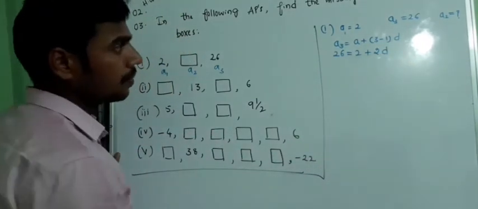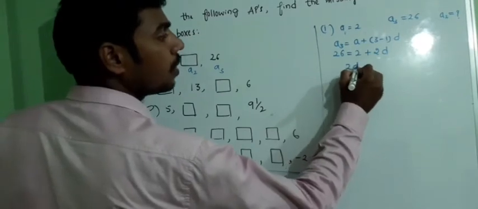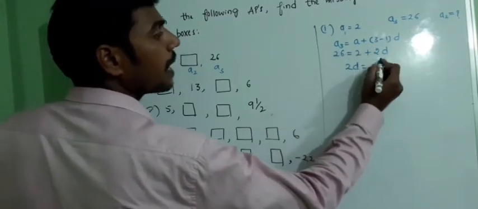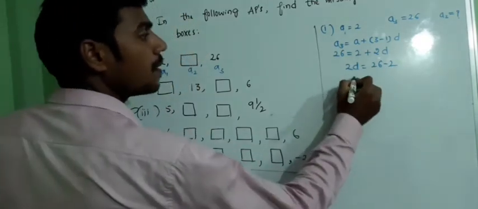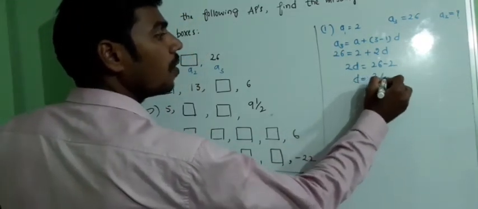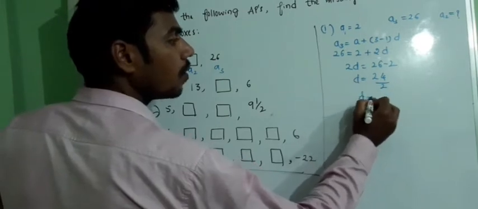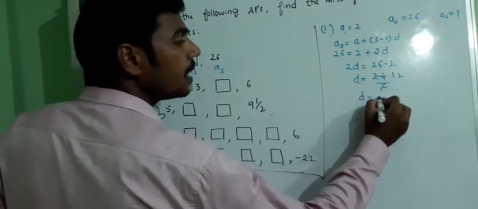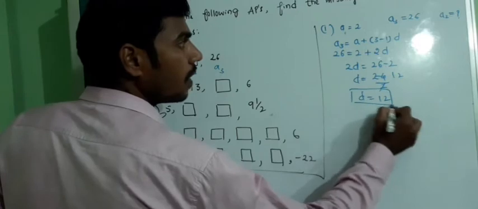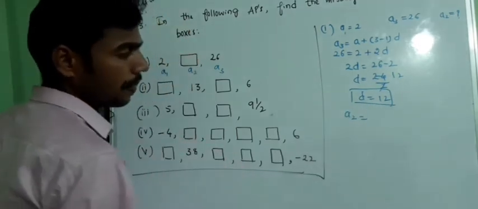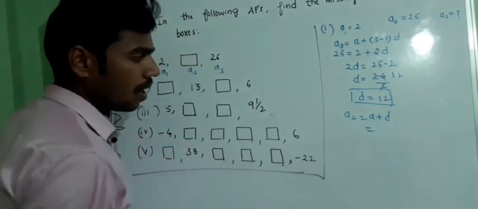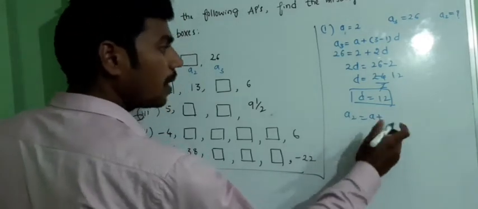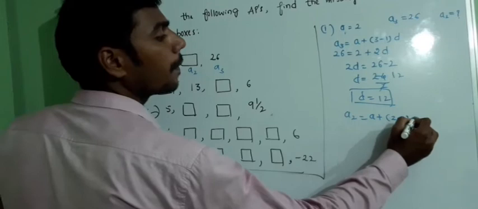Now 2d is equal to 26 minus 2, or d is equal to 24 divided by 2. d is equal to 12. If d is 12, then A2 is equal to a plus d, or if you want to use the formula, a plus (2 minus 1) into d.